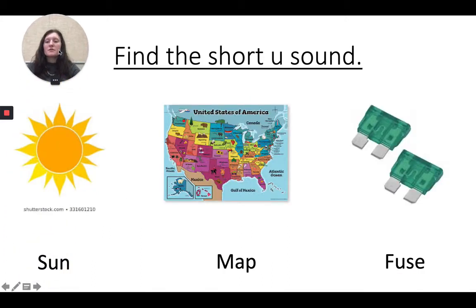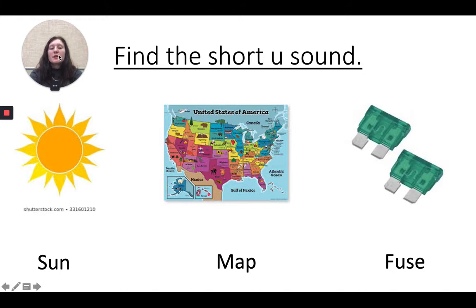All right, now let's try to find the short U sound. So we have sun, map, or fuse. So looking at the word map, we know that we don't even see the letter U in it, so we know that one's going to be out. So we know it's going to come down to sun or fuse.